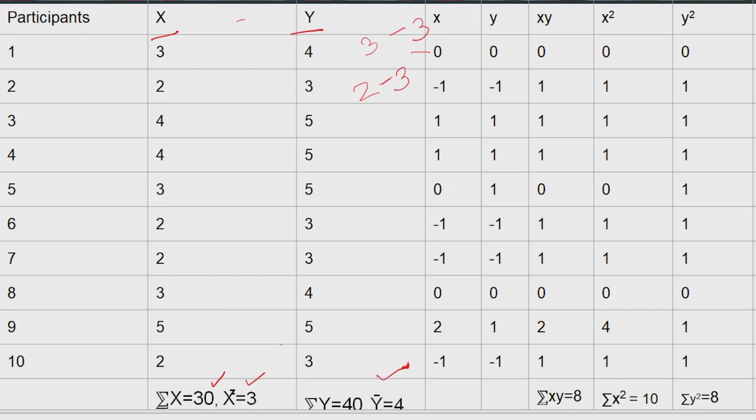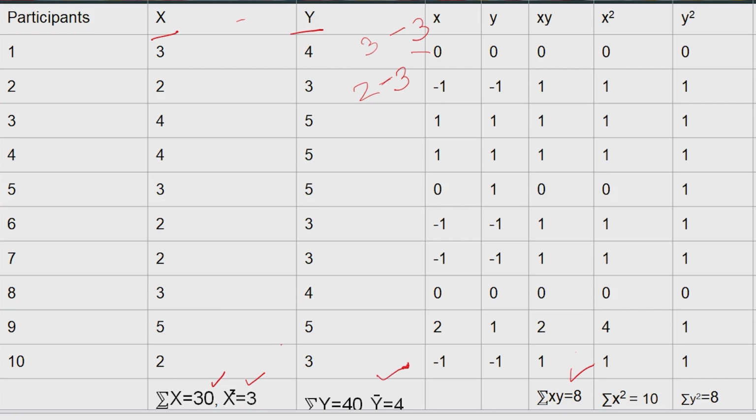Now you multiply these small x and y values, so you get this table here in this xy column. Finally you add these xy values, which comes out to be 8, you can see. So summation of x into y is 8. You also find the x square, because many times the standard deviation is not given, so we have to find the summation x square also.